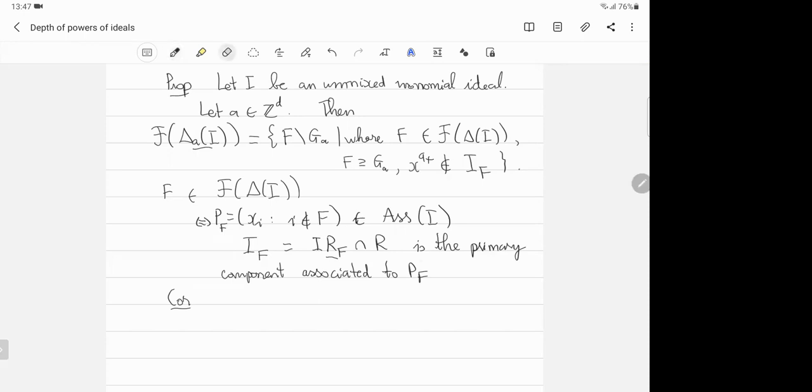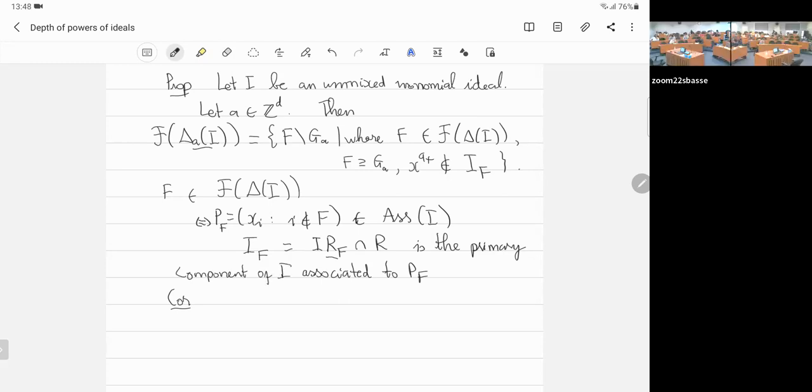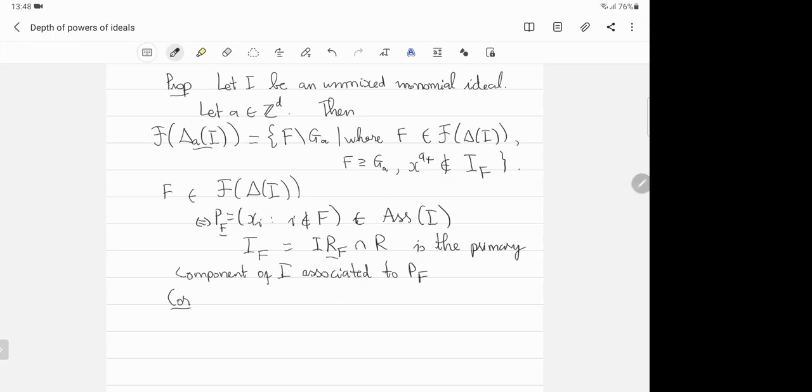Yes, primary component of I. So this is an associated prime of I, and I is unmixed, so it has a unique primary component whose radical is PF, and that primary component I call IF. Interesting. Thank you.